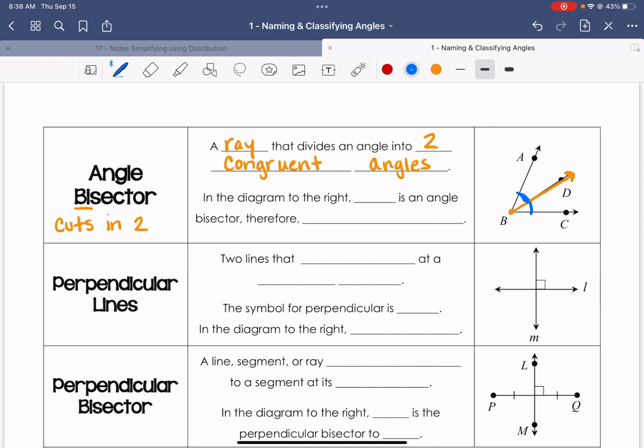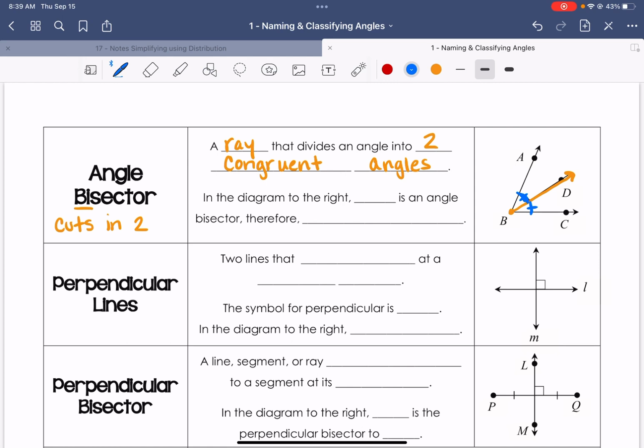Those mean they're congruent. Remember with segments we had dashes. Now with the angles, we have arcs. Okay, so that's what it means that they're congruent. Sometimes you'll see them with a dash through it like that. That also means congruent. Now remember, guys, you're going to get to use your notes on all of our quizzes and tests. So I know it's a lot to remember, but write it down, make yourself some notes because you're going to get to use these.